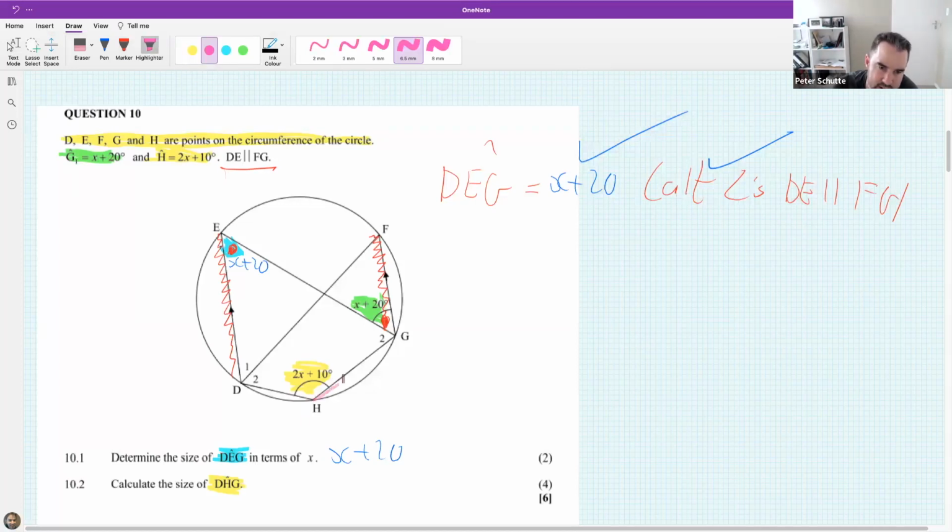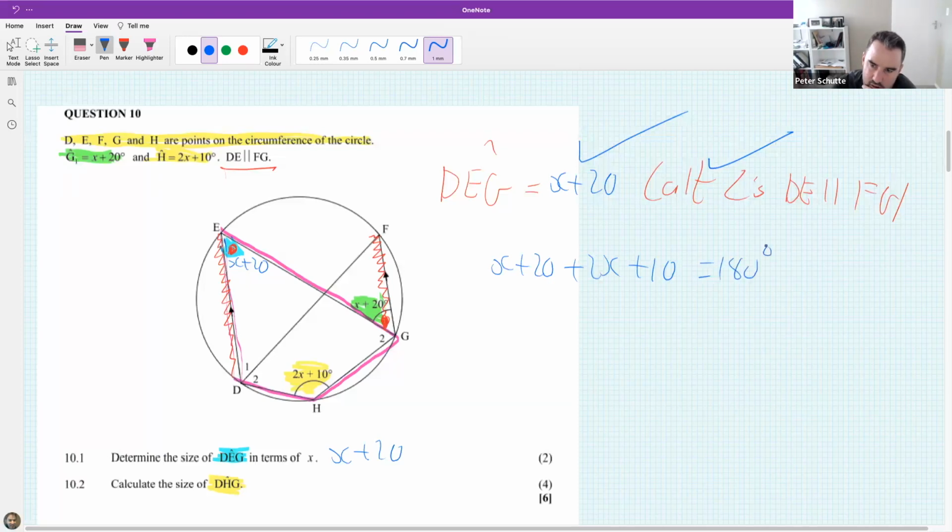So it might have snuck in, but if you look at this, this is actually a cyclic quad. So you know that these are not equal, but you know that they add up to 180. So x plus 20 plus 2x plus 10 must equal that.